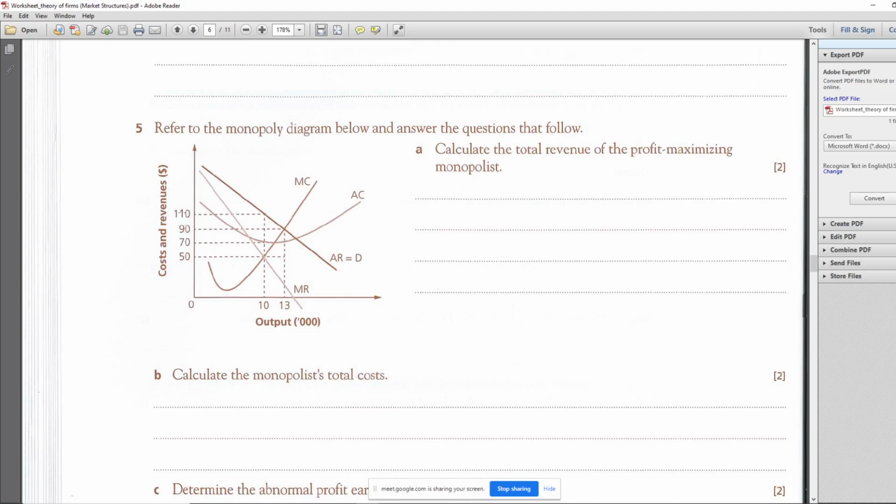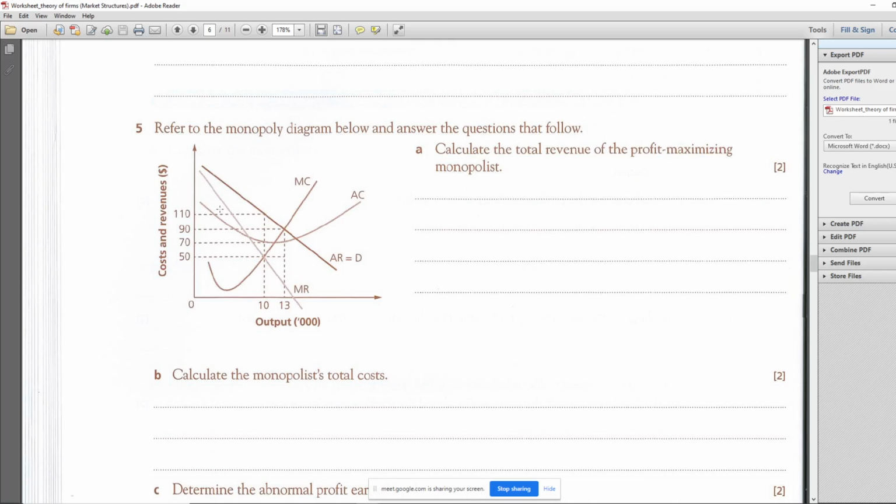Using the 110 times the 10, which is a 10,000 output, and there you will get that number. Using this number, 110, times 10, then you get that.